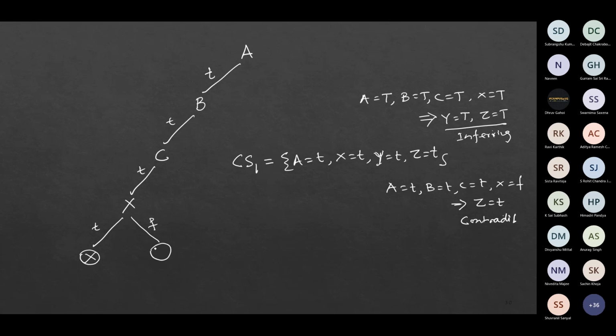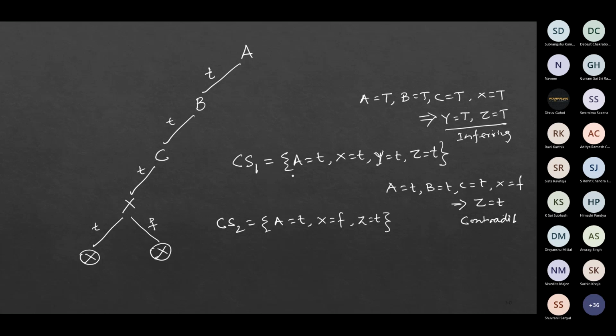So you get a contradiction here also. So you get CS2, which is our conflict set 2, to be A equal to T, X equal to false, and Z equal to T. Right?